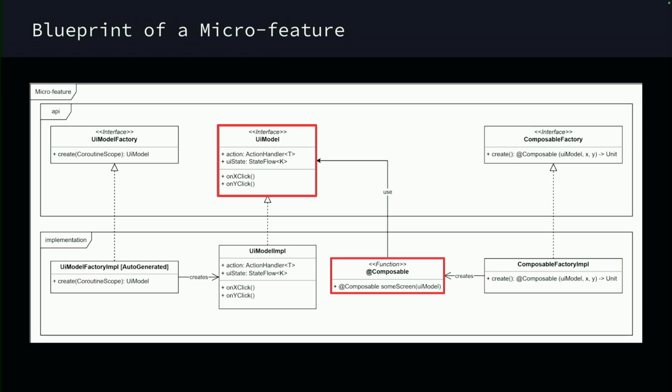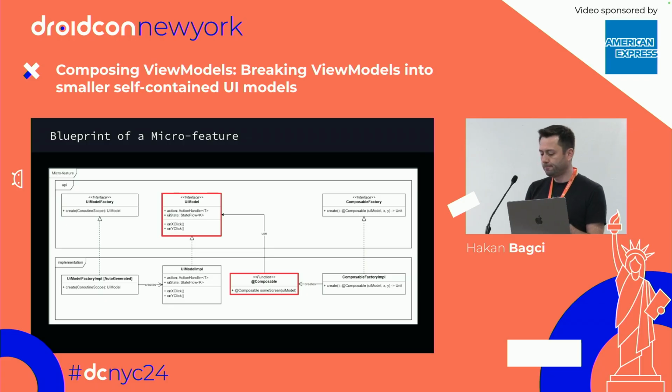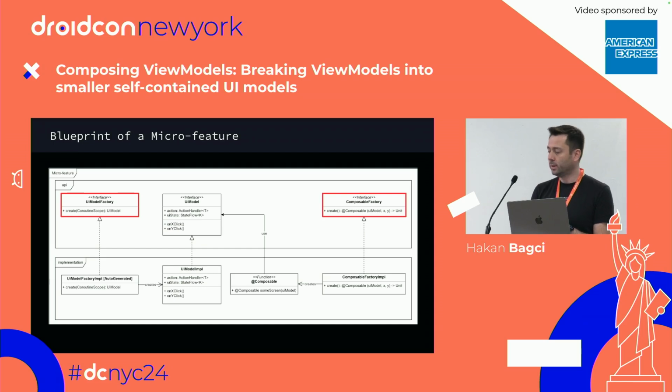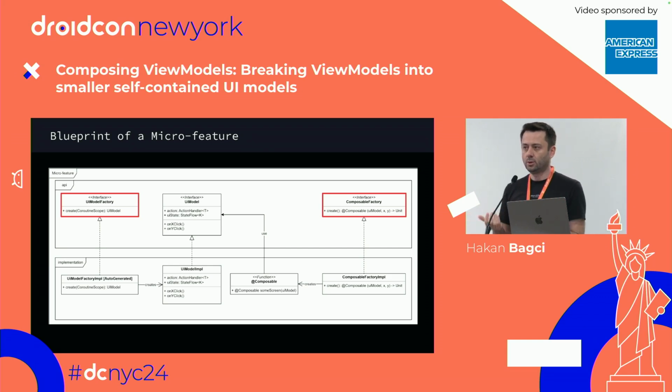If a host wants to show its component on its UI, then it needs to use factory interfaces, which are provided in the API module. As the name suggests, UI model factory provides UI model, and composable factory provides the composable function. Note that we are returning a composable function here, so we can invoke this function in the host and render the UI.